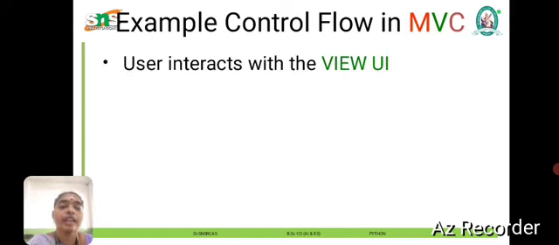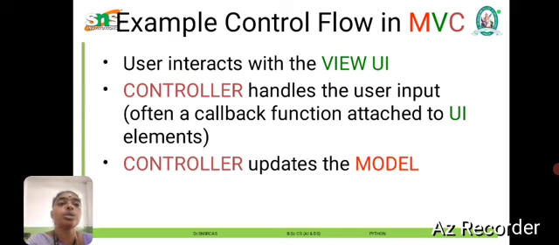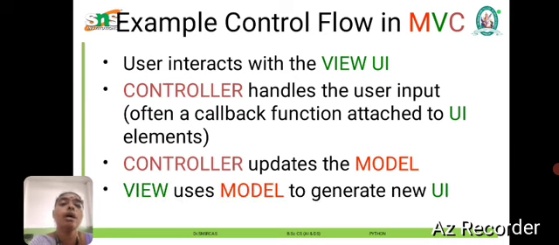The user interacts with your view UI. The controller handles the user input. The input entered through our form is processed by the controller, and finally the values are displayed in the view UI, and the data is retrieved from the model, and if you want, it is possible to update the content in the model.